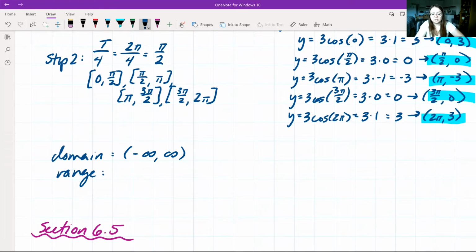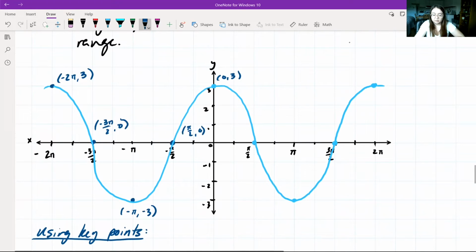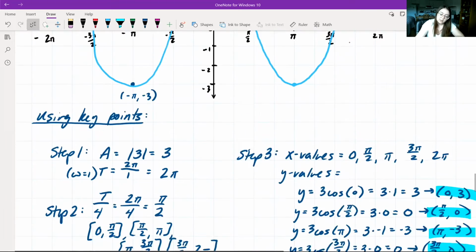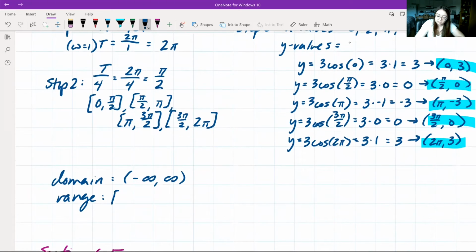Then our range, we see our graph is going to alternate between all numbers between negative 3 and positive 3. So our range will be in our square brackets here, negative 3 to positive 3. And there would be our domain and our range of our function.